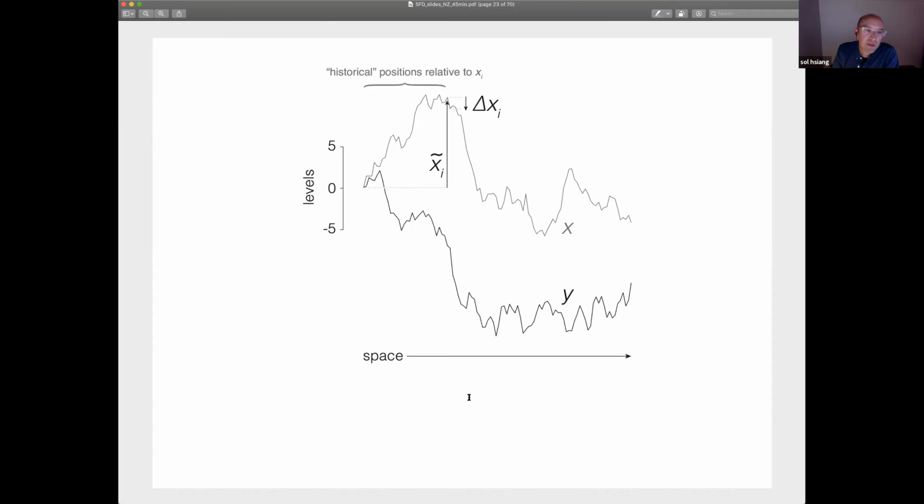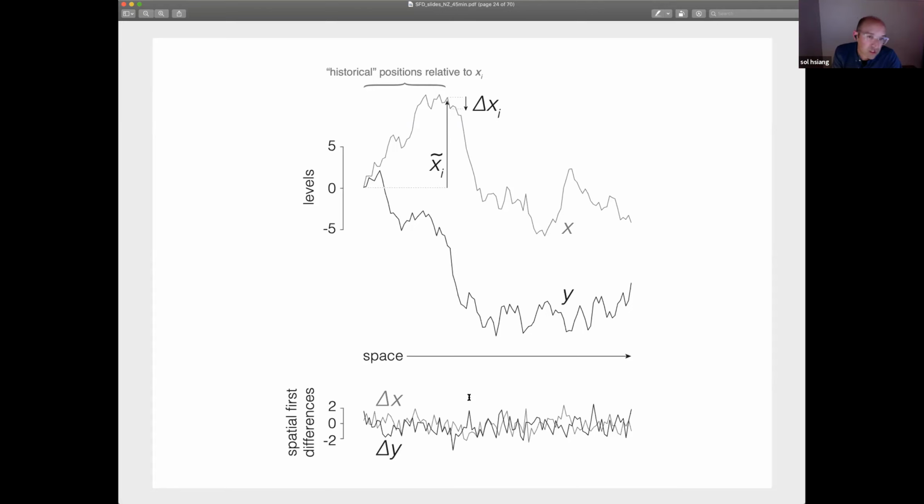And so this is what happens a lot in many cross-sectional contexts. What spatial first differences do is it removes all of the information contained within the spatial history. And so you are only relying on the innovations that are occurring between subsequent neighbors. And so it has all the benefits of first differencing from time series in terms of filtering out those slow moving trends.